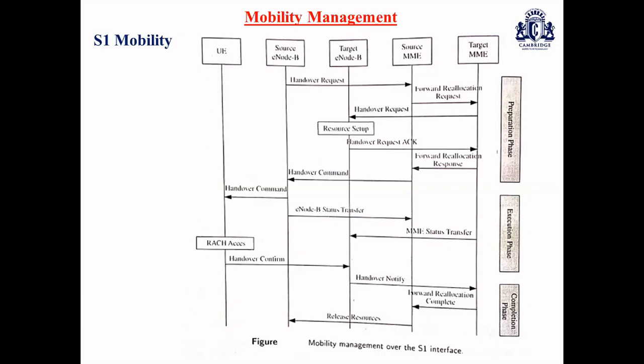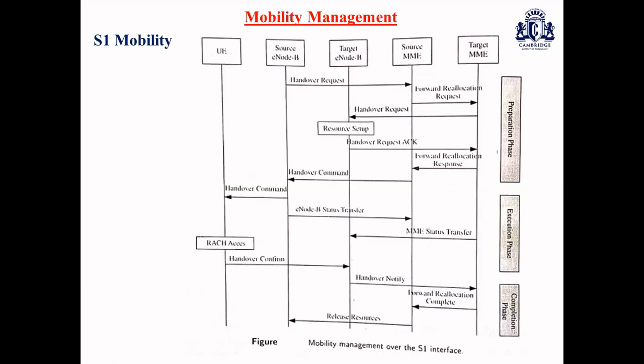Mobility management over the S1 interface has different phases of execution, which is almost similar to your UMTS serving radio network subsystem in terms of the steps of execution: the preparation phase, the execution phase, as well as the completion phase.